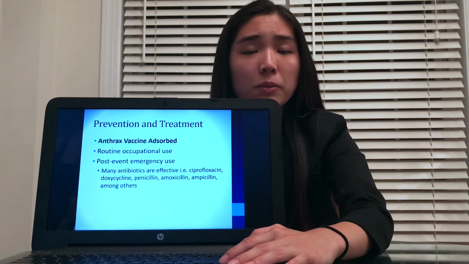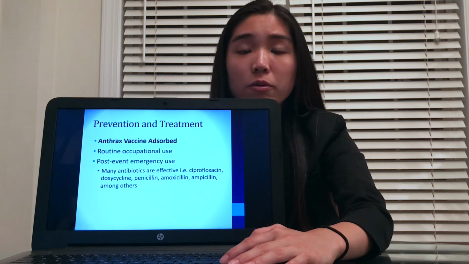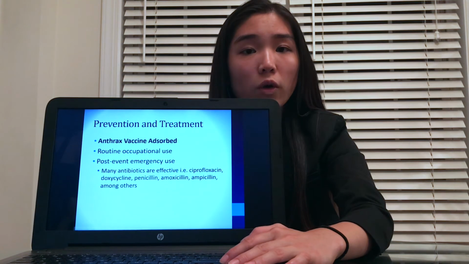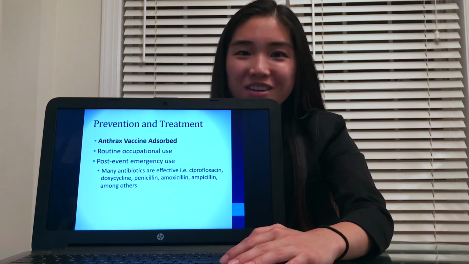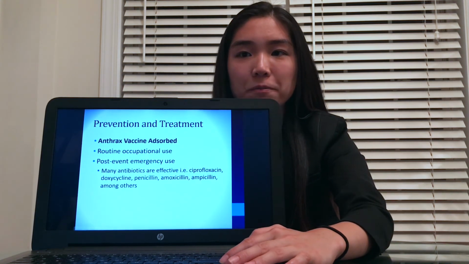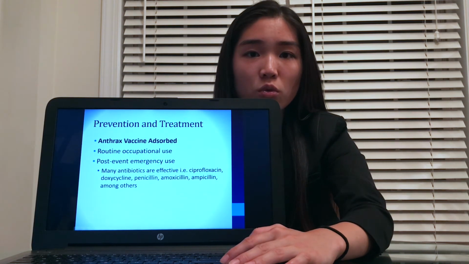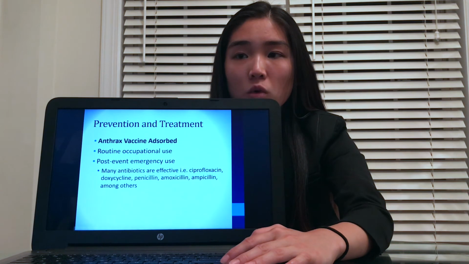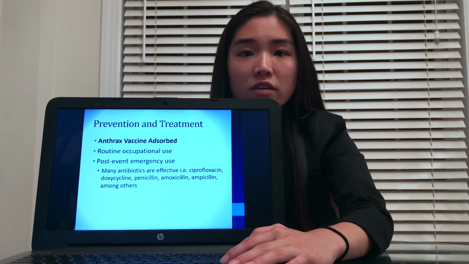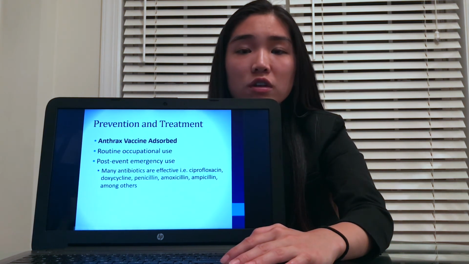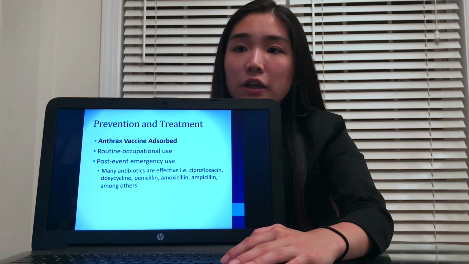Along with the vaccine, people at risk take other preventative measures, including respirators and protective clothing. For post-event emergency use, this is after possible exposure. People would take 3 shots of anthrax vaccine over 4 weeks and receive a 60-day course of antibiotics.